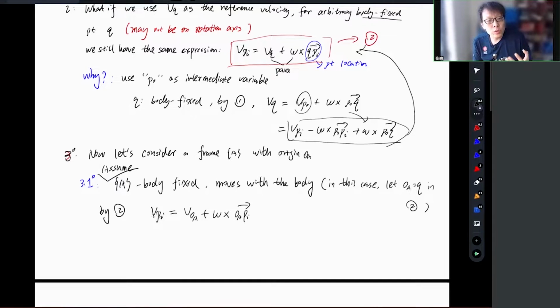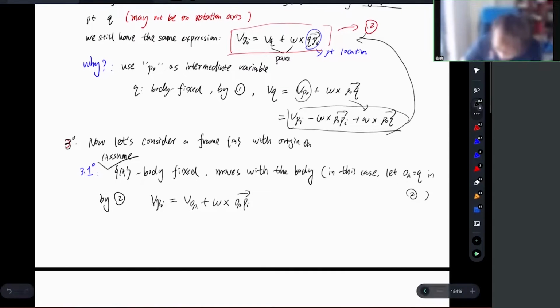It's just that I choose OA as the point Q, because I said before Q can be arbitrary. Now OA moves with the body, so OA can be thought of as the Q in equation 2.